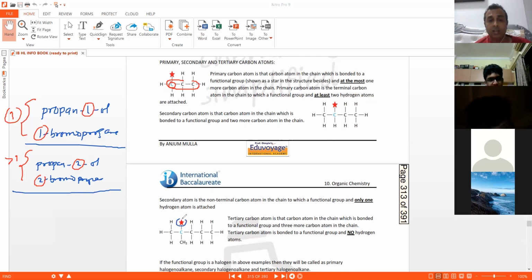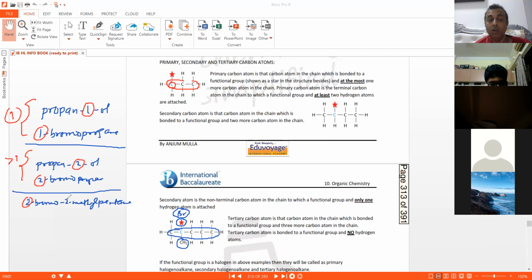For example, suppose I'm talking about this. This star is, let's say, halogen, Br. So this complete chain here is 5. So this is pent. So 2 bromo, 2 methyl, pentane: 2 bromo 2 methyl pentane. You see, number 2 came twice.